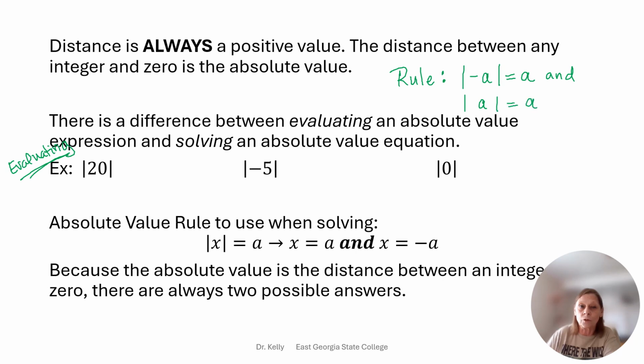In other words, no matter what the sign is inside of the absolute value, as long as it is just an expression we are evaluating, and notice this does not have any x's in it. This rule I wrote here has no x's, which means that this is an expression.